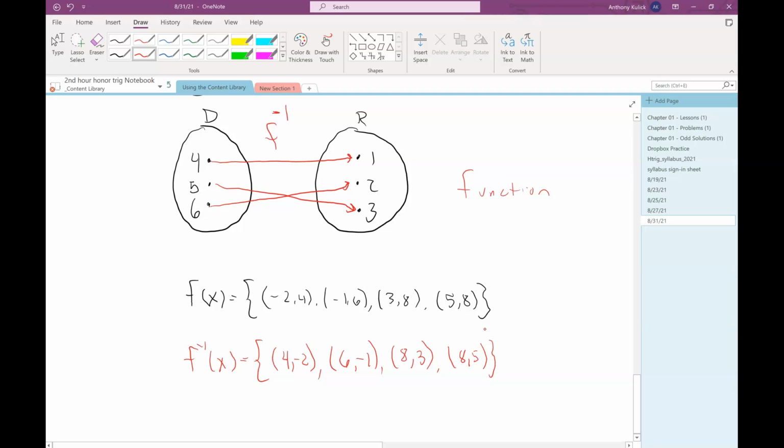What do you notice about this? It's not a function. Why not? Yeah, because the input of 8 has 2 different outputs. Everybody happy with that?